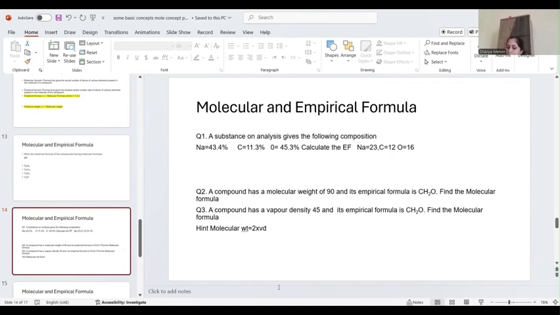Whenever vapor density is given, I've given you a hint: the molecular weight you can find out by multiplying the vapor density by 2. Okay, so let's check out.